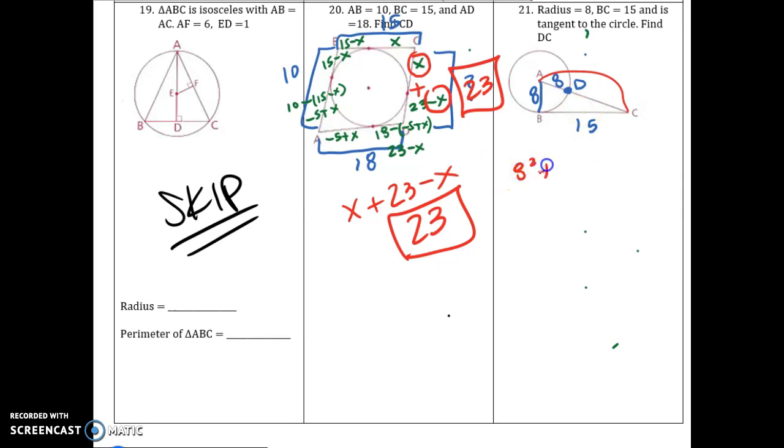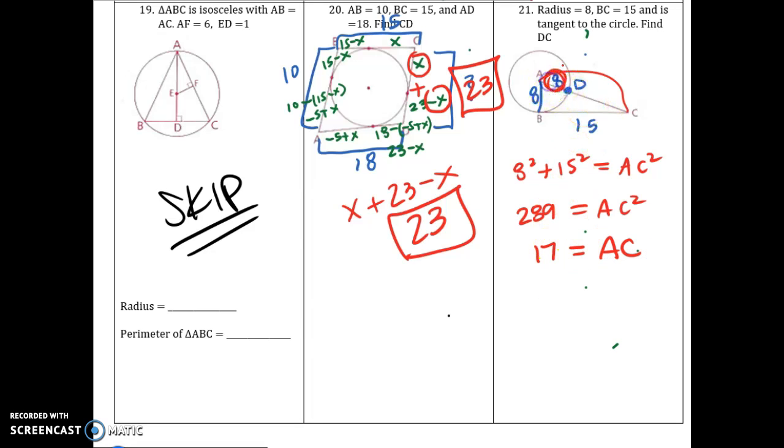So 8 squared plus 15 squared equals AC squared. 8 squared plus 15 squared is 289. And the square root of 289 is another obscure perfect square. It's 17. So AC is 17.